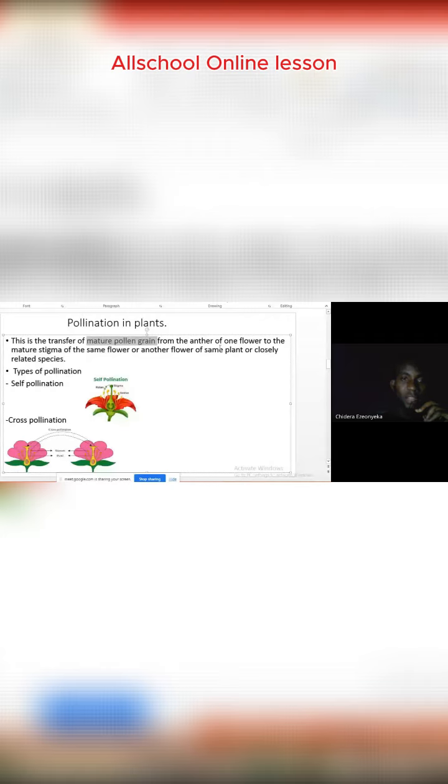Breaking the definition down in detail brings us to the types of pollination, where we have self-pollination and cross-pollination. Remember, we said it can be from the anther to the stigma of the same flower, or it can be anther to stigma of another flower.